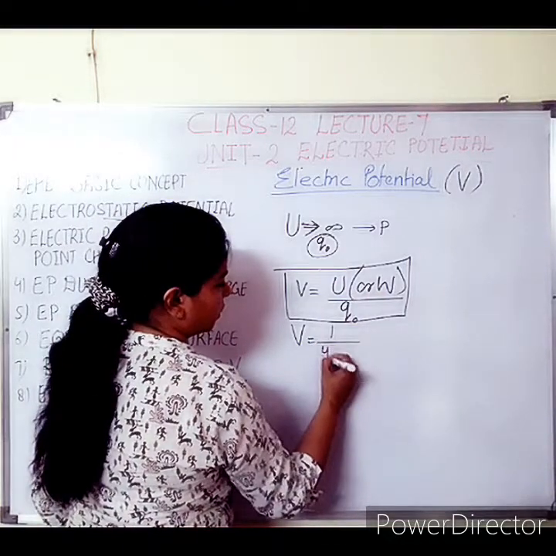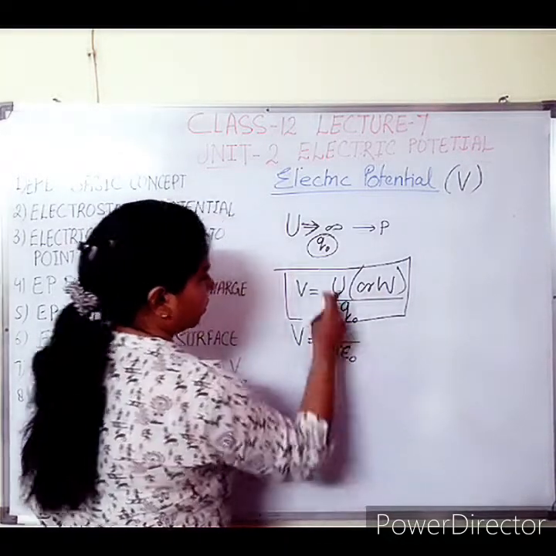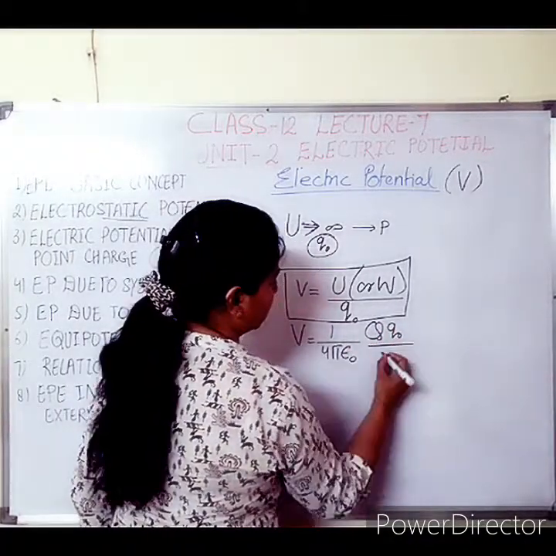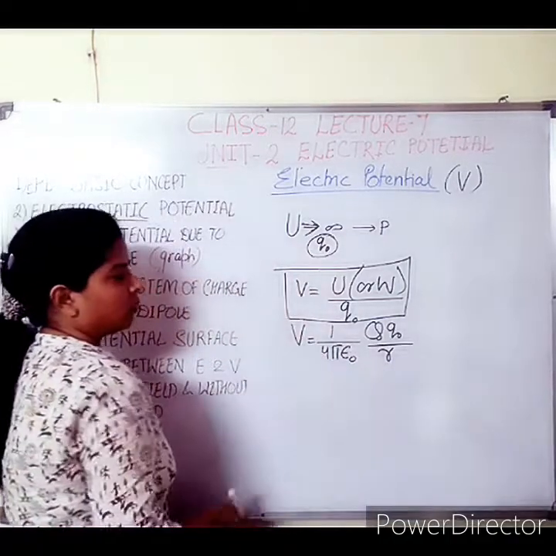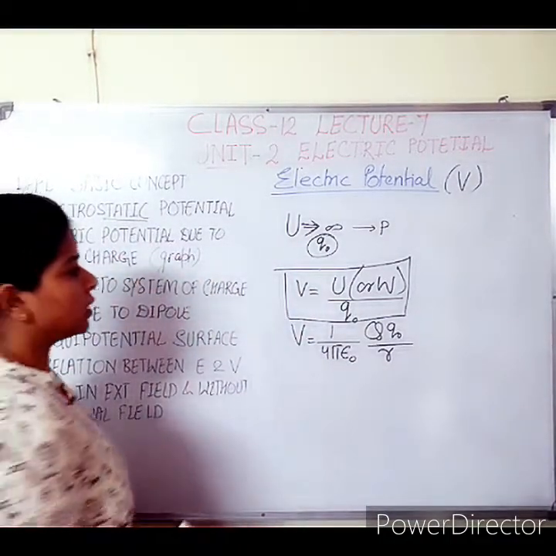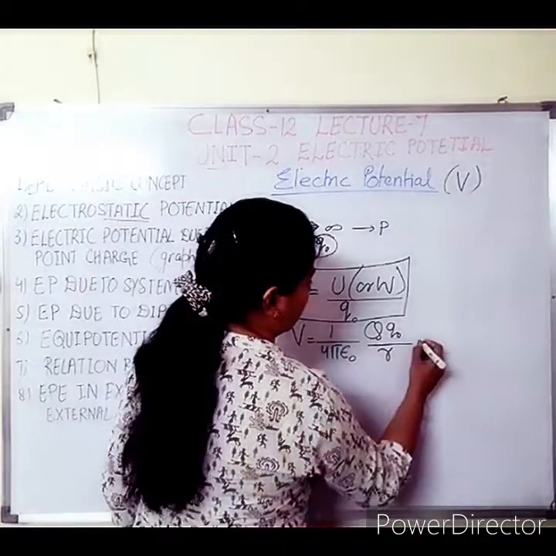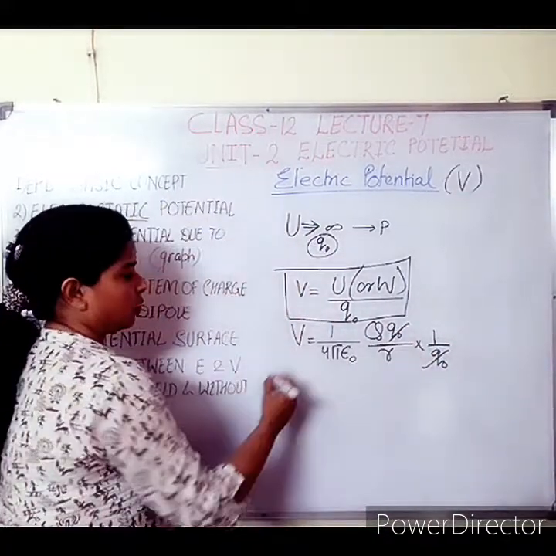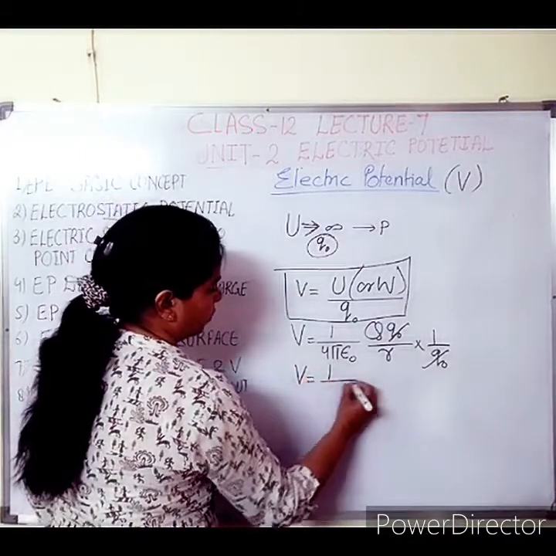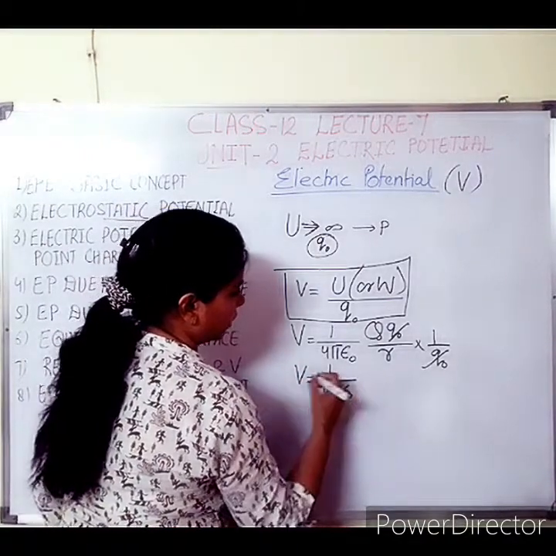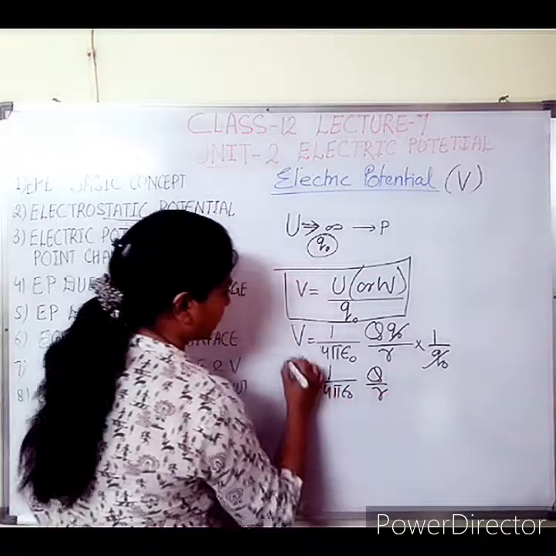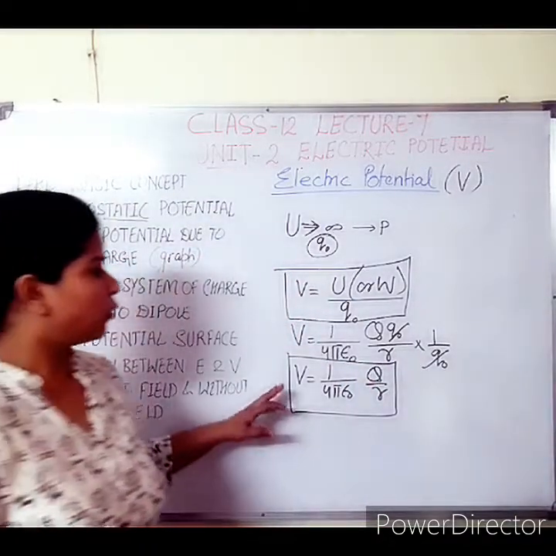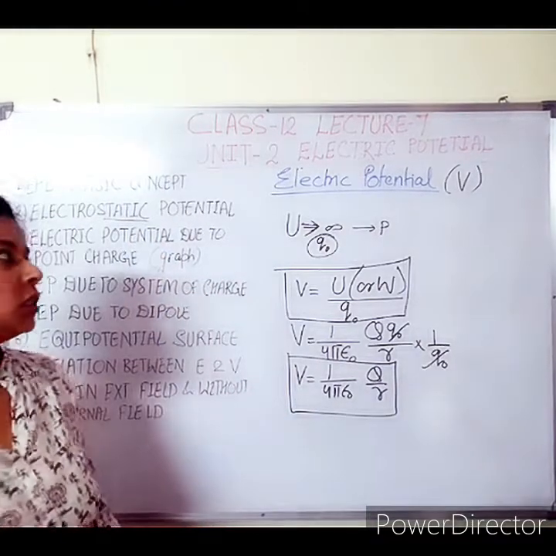In place of U we write 1 over 4 pi epsilon naught, Q Q naught divided by R, where R is the position of point P from the center of the source charge. Then Q naught and Q naught cancel out, and we get the electrostatic potential as Q divided by 4 pi epsilon naught R. This is the formula for electrostatic potential.